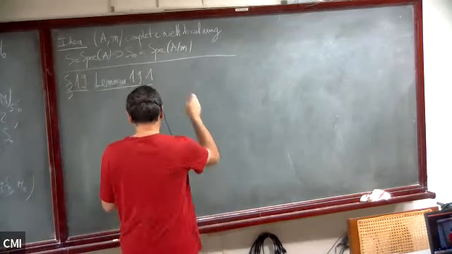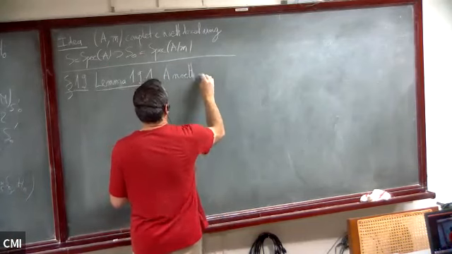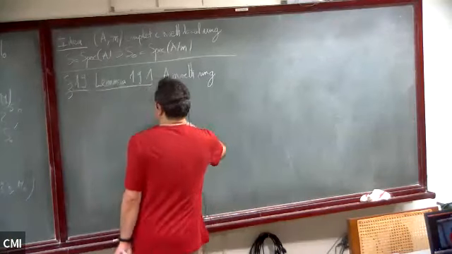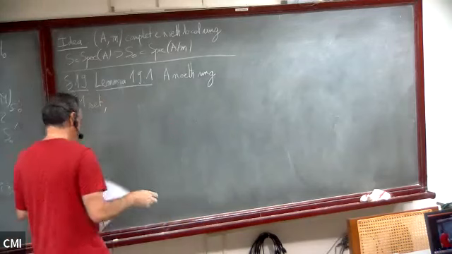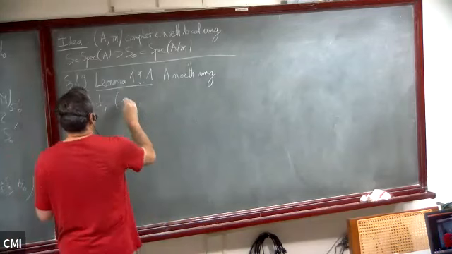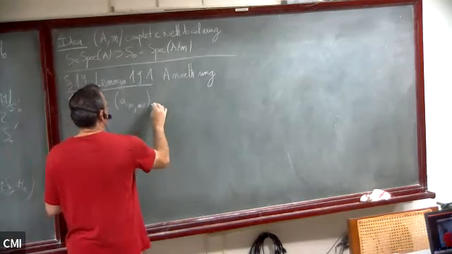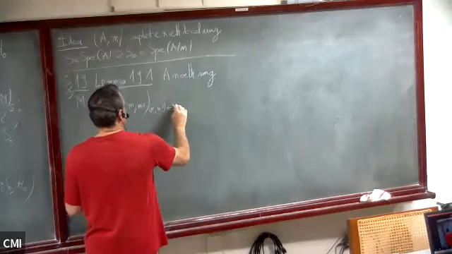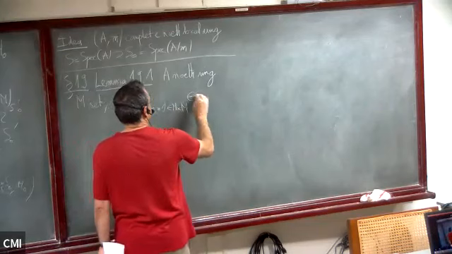So A, a noetherian ring, M, a set, and A, M, M prime, for M, M prime in the product. So this is a family of elements.